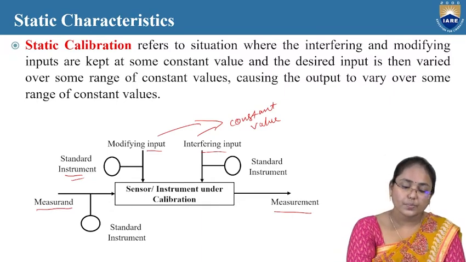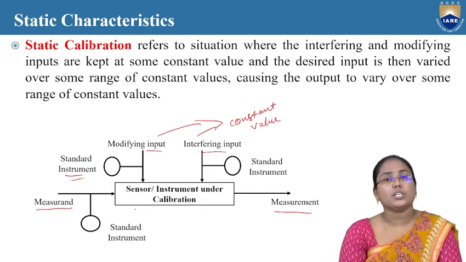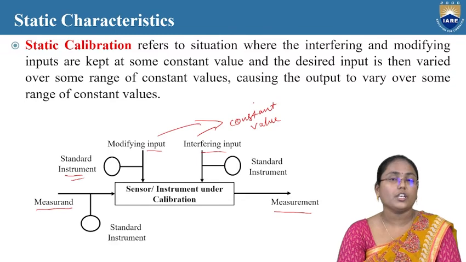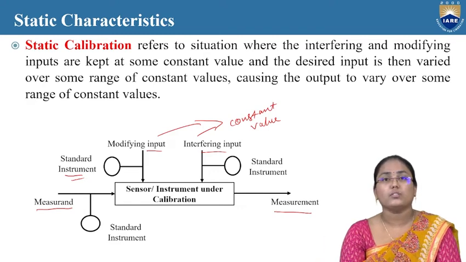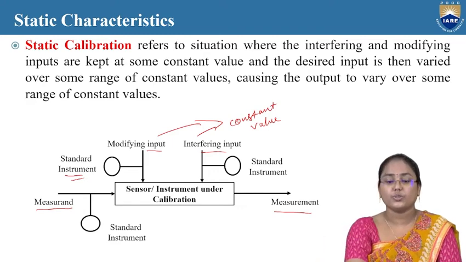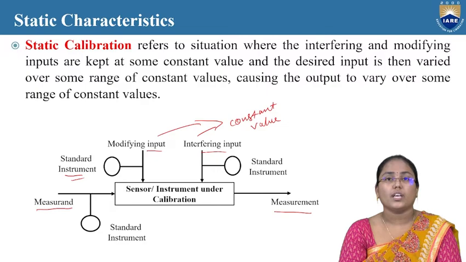Now first we keep the modifying input and interfering input constant. The desired quantity which has to be measured, we change from time to time. And if the changes are reflected in the output also, then we can say the instrument does not vary with respect to time. That is, it has a static calibration.